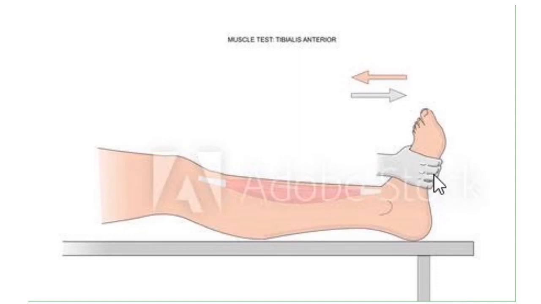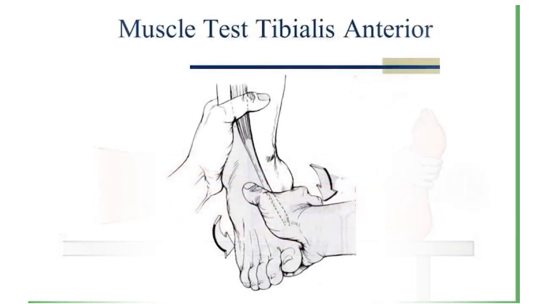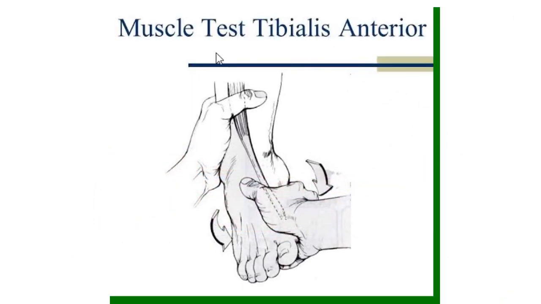As you can see here, if the tibialis anterior is acting normally, its tendon can be seen and palpated. The second way to test the tibialis anterior muscle is we ask the patient to invert his foot against resistance, as is shown in this figure, and we can feel for the contracted muscle and tendon. If the muscle is acting normally, its tendon can be seen and palpated.